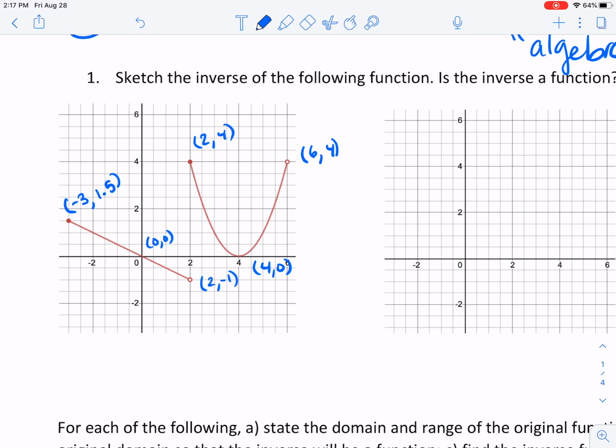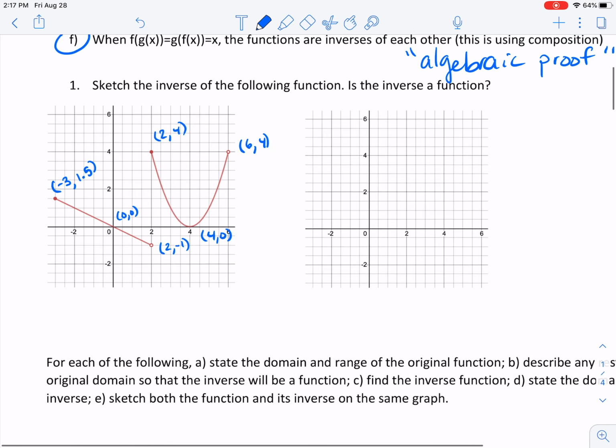The reason that I did this is that when I want to go find the inverse, I just need to switch my x and my y. So now instead of the point -3, 1.5, I need the point 1.5, -3, which is down here, and it would still be a closed circle. Let me make sure I agree with what I just did. This is 1.5, and then here's 1, 2, 3.